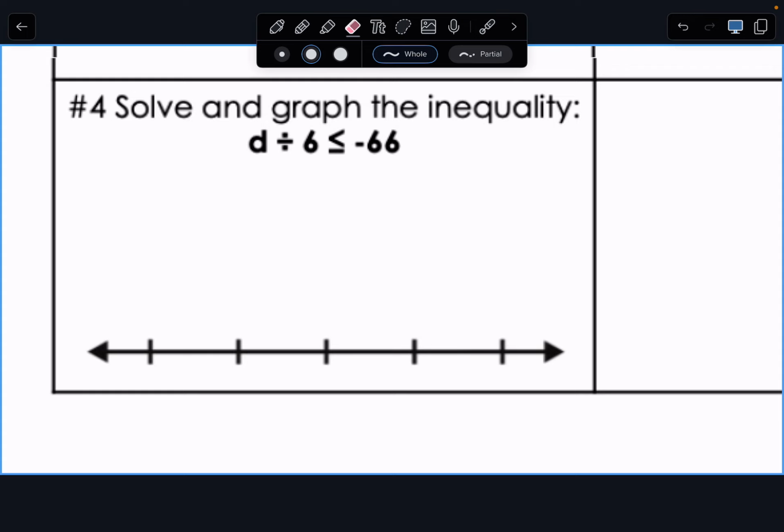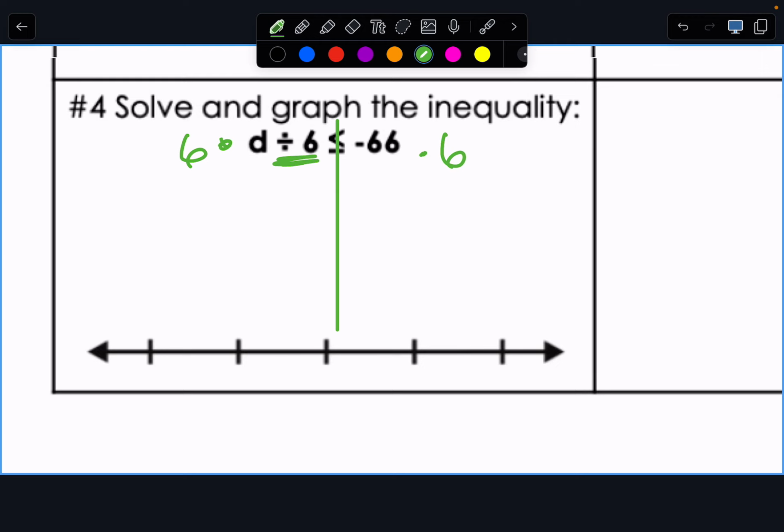Okay. Did you put a star on number 4? I see a negative. Why not? Okay. It says D divided by 6. So in order to undo divide by 6, we need to multiply both sides by 6. What kind of number are we multiplying by? Positive or negative?